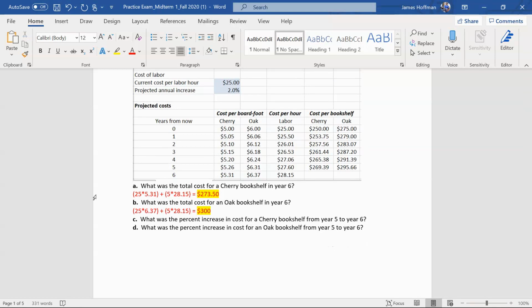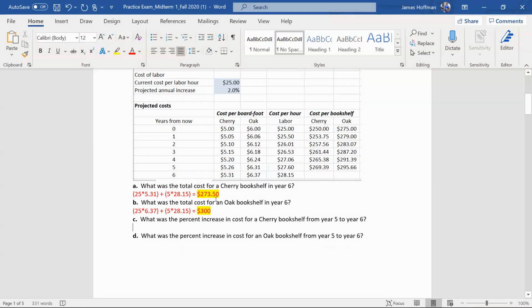And then part C is to find the percent increase in cost of a cherry bookshelf from year 5 to year 6. So use the cost you just got. The cherry went from $269.39 to $273.50.